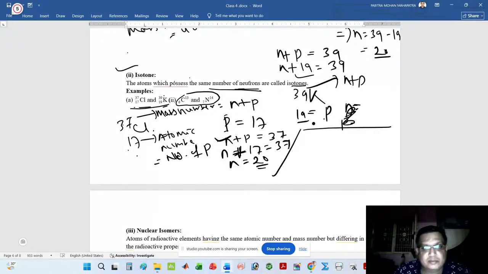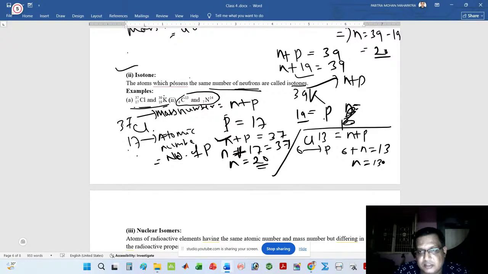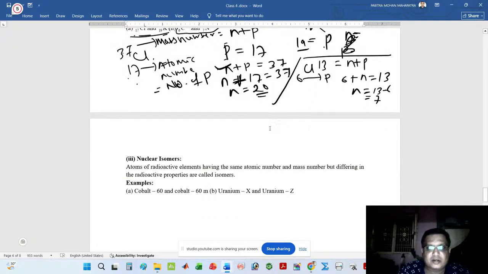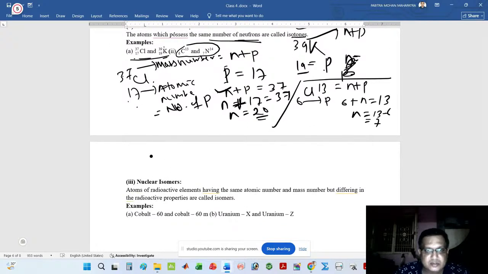Again, I want to verify the second example. C 6, 13. This is your p value, and this is your n plus p. Put the value of p here. Then I can write 6 plus n is equal to 13. N is equal to how much? 13 minus 6, that is 7. Now check for nitrogen. Nitrogen means 7, 14.